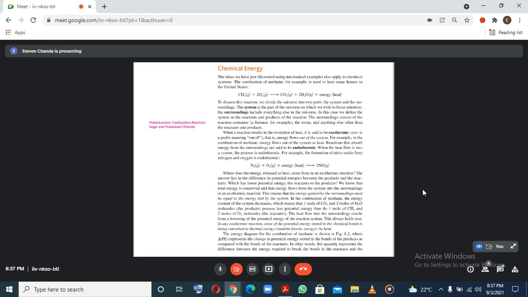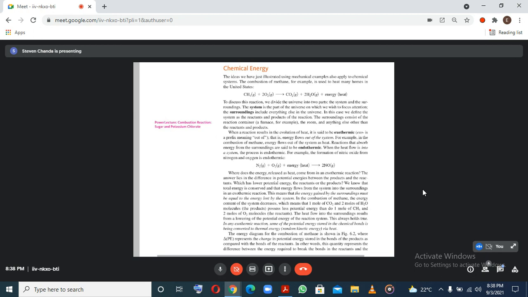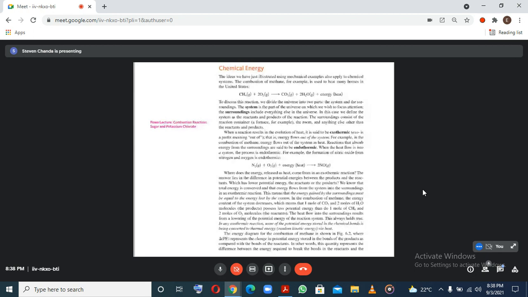Take note of the flowing out of the system, because that's going to have consequences on the signs that we use for these reactions. And then endothermic reactions are reactions that absorb energy from the surroundings. That's important to take note of.